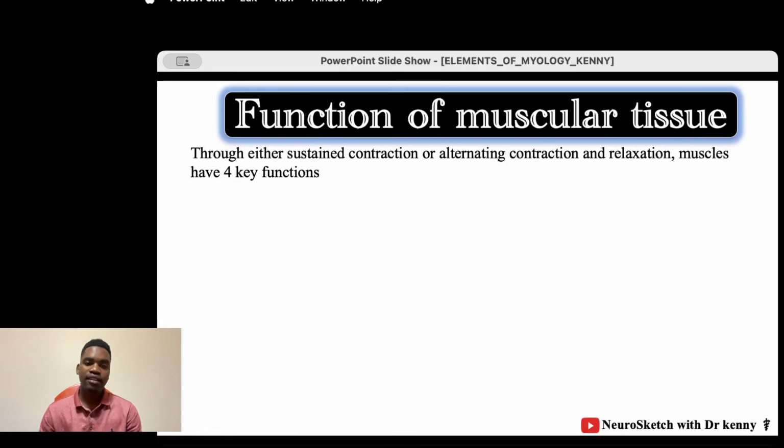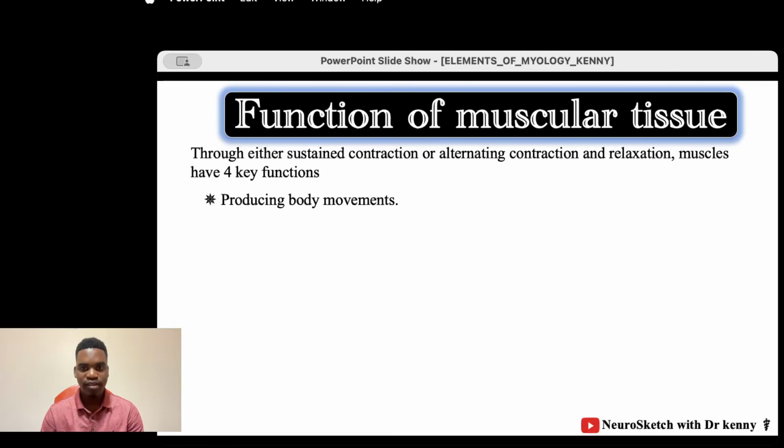So there are two manners in which the muscle will work: number one is by sustained contraction, and number two is by alternating contraction and relaxation. Number one, the primary function of the muscle is producing movement.